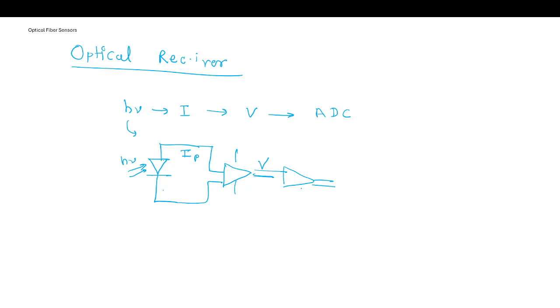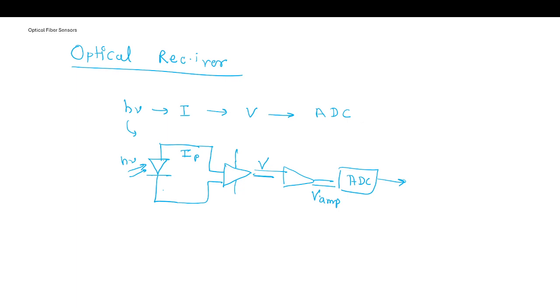So you will get the amplified voltage, and it will go to the ADC system, where it will be converted to digital form, and it can be detected. Since it is converted into digital form, it can be seen on the computer screen or wherever we are sensing, and based on that we can have the application.